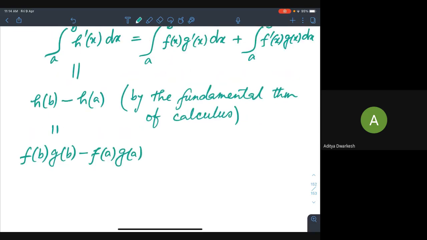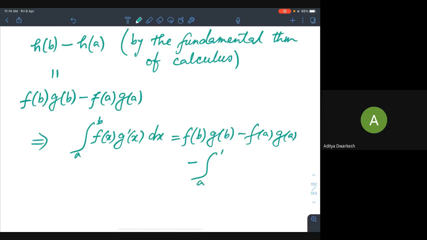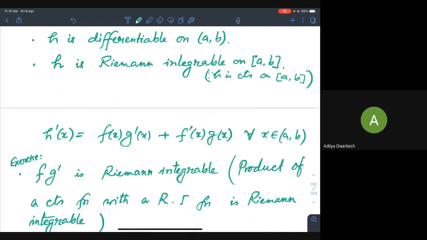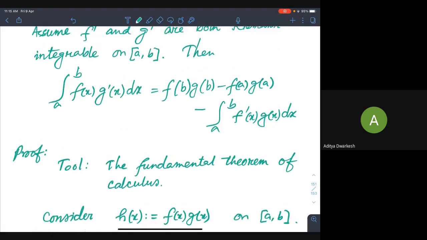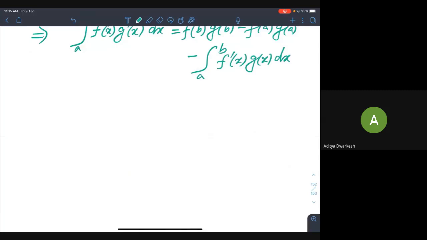So that gives us the integral from a to b of f(x) g'(x) dx is equal to f(b)g(b) minus f(a)g(a) minus the integral from a to b of f'(x) g(x) dx. All right, so this actually is the proof of integration by parts.